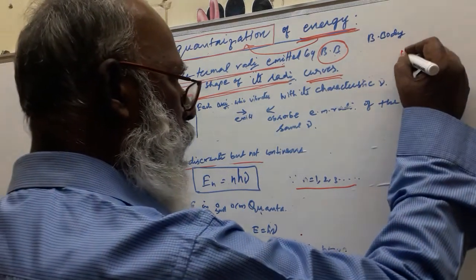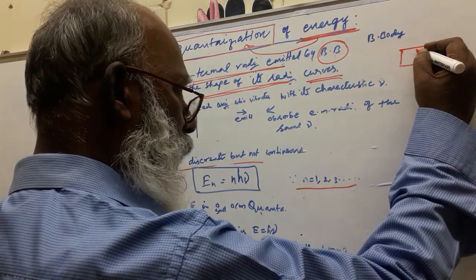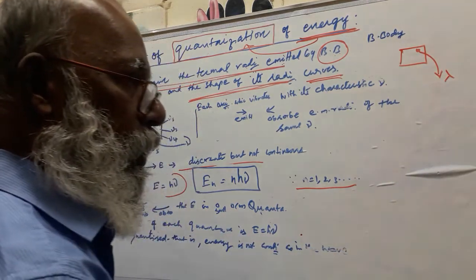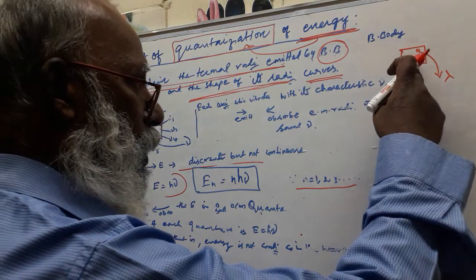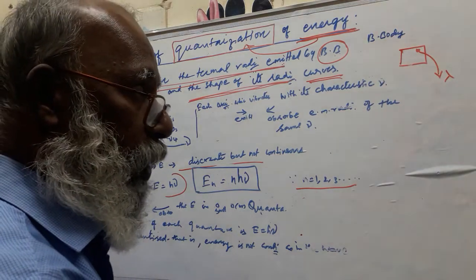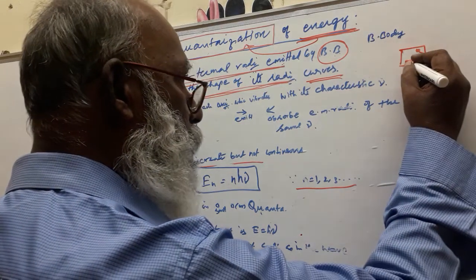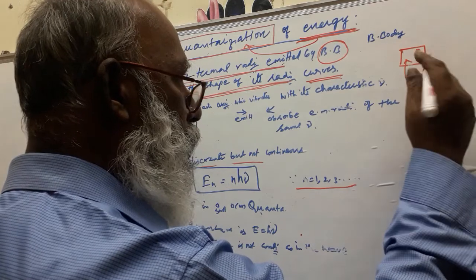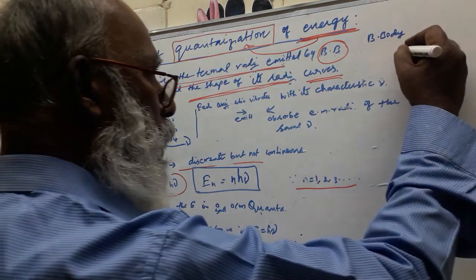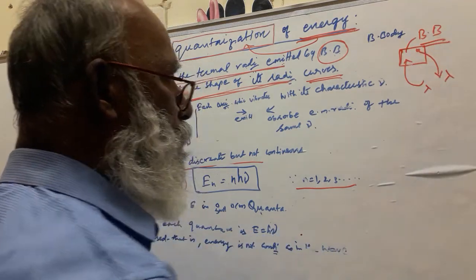A black body is a body or a surface which is capable of emitting all kinds of wavelengths and also capable of absorbing all kinds of wavelengths. Then this material is called a black body.